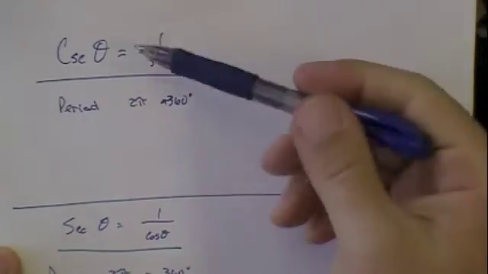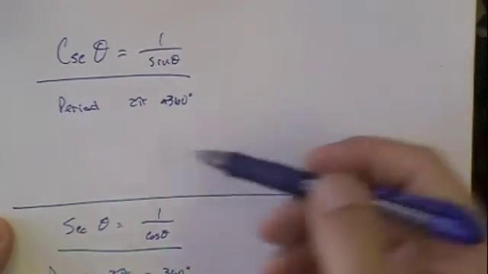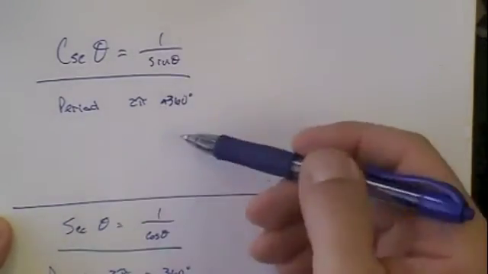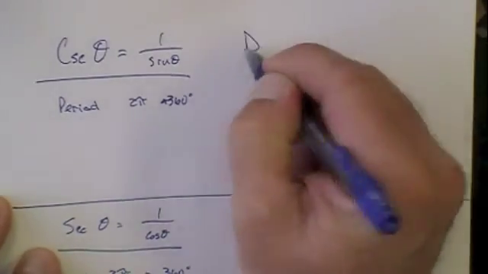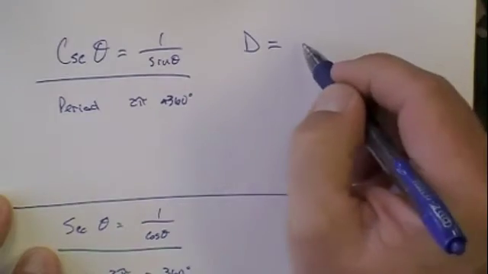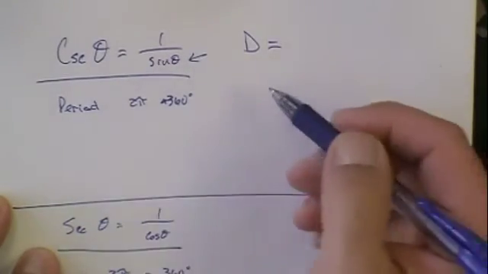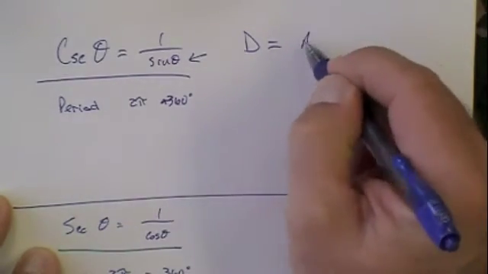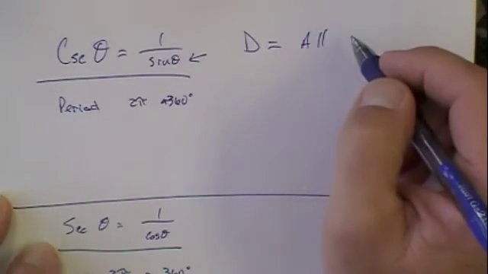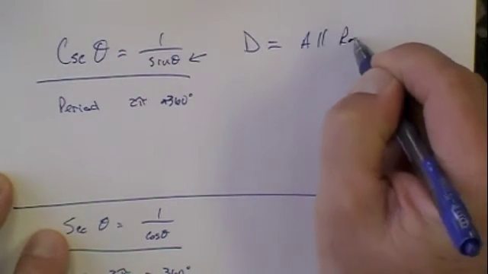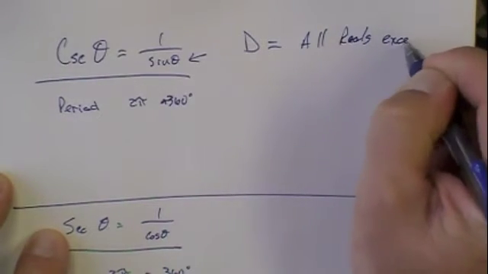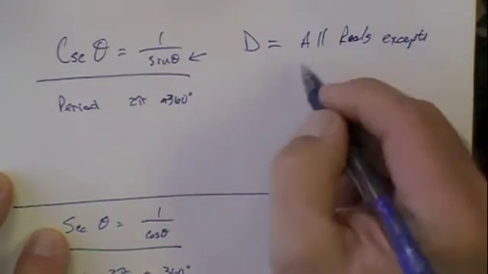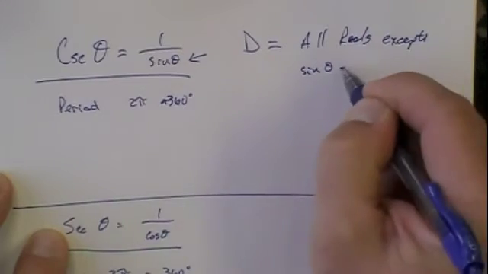Now with cosecant, remember that's equal to 1 over sine. The period for this is going to be the same as we have with sine, 2 pi or 360 degrees. The domain, we can have all reals except, this is what we have to watch out for, when sine of theta is equal to 0.